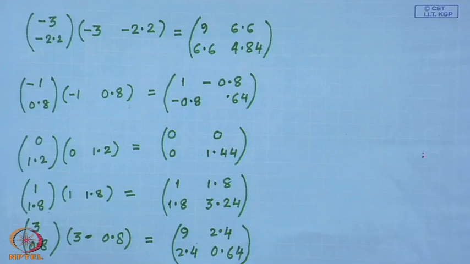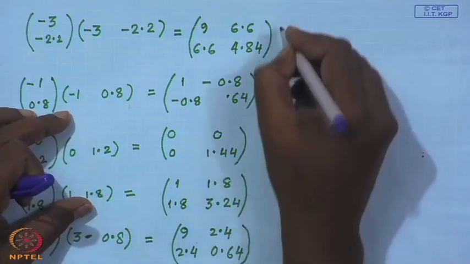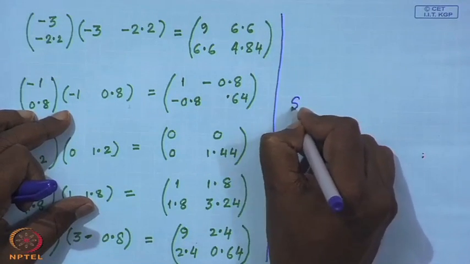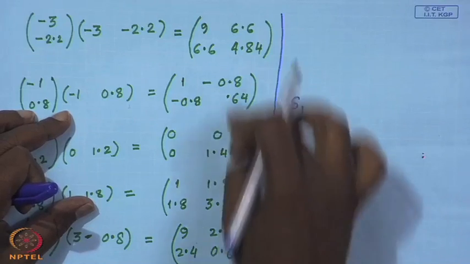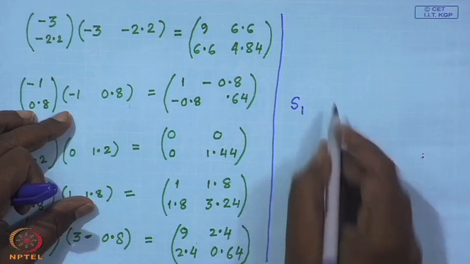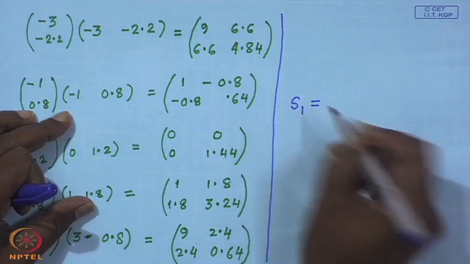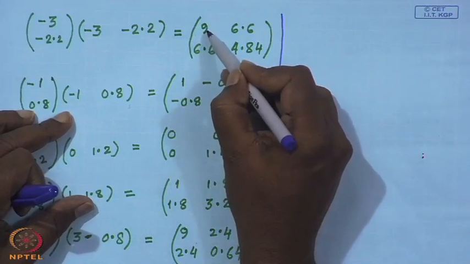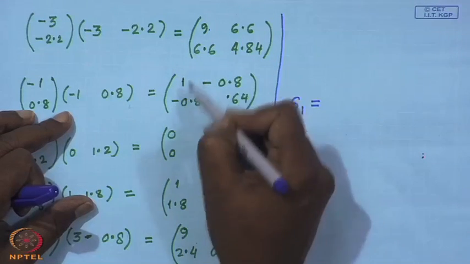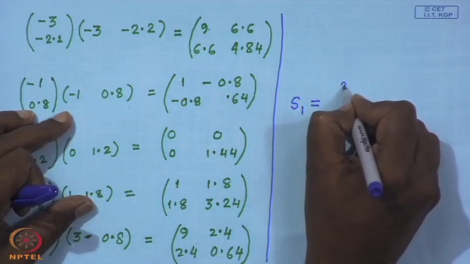And from these 5 matrices, I have to compute the scatter S1, which is nothing but the sum of all these 5 matrices. If I take the sum, you find that the first component will be 9 plus 1 plus 1 plus 9, so that is 18 plus 2, which is equal to 20.